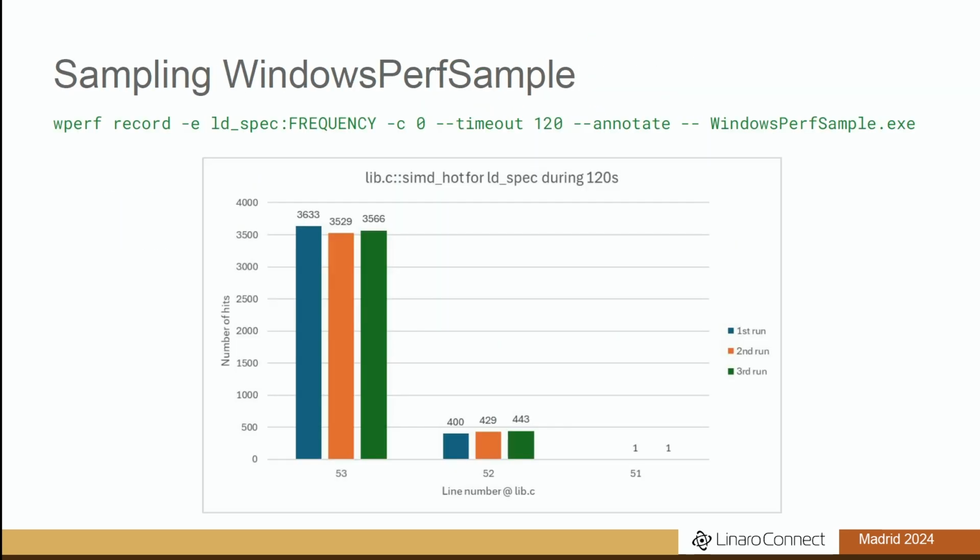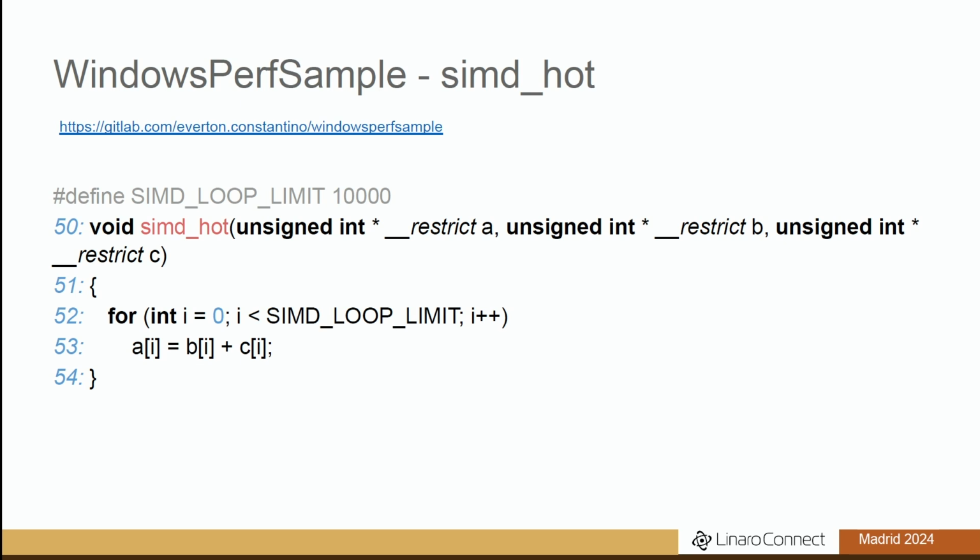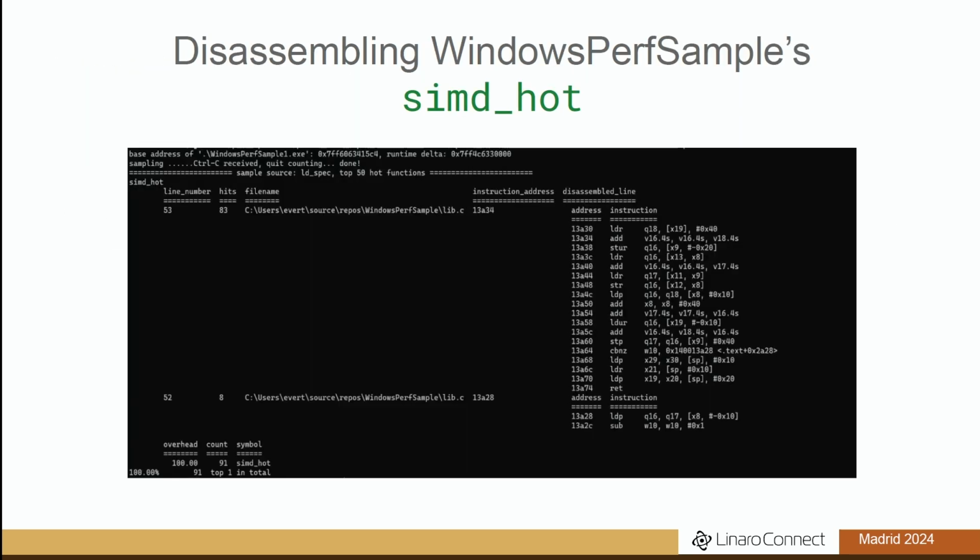So if we go back here, it's this line, which is essentially the most important line, the one that got the most hits. And then number 8 is just the for loop, right? And you can see here the instruction address 13A34, which is this one, is particularly responsible for our workload here.